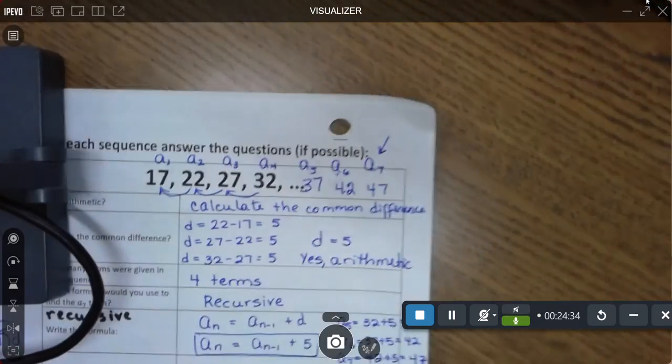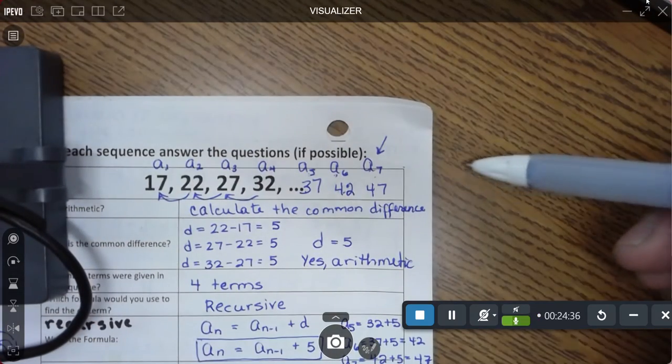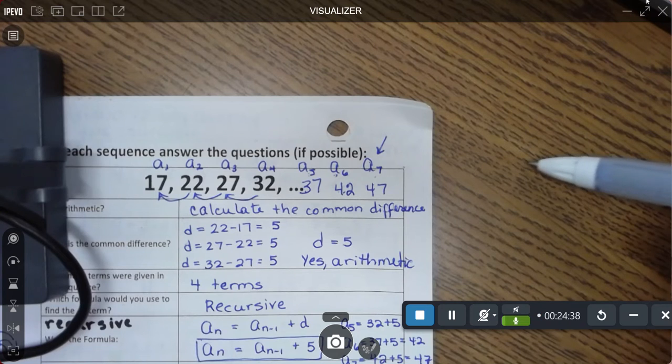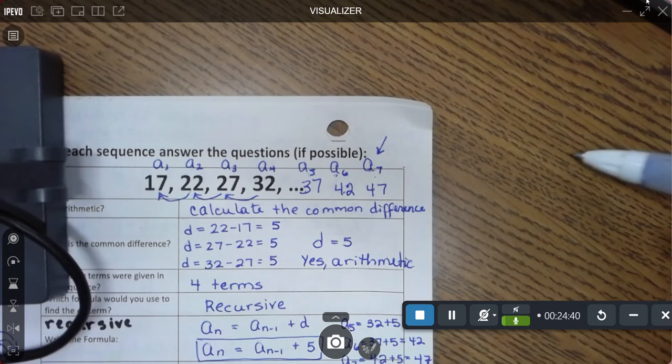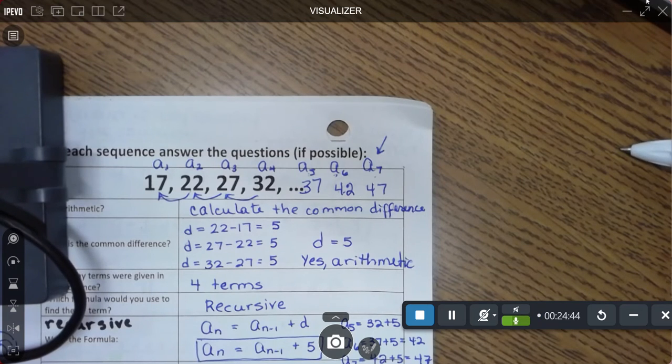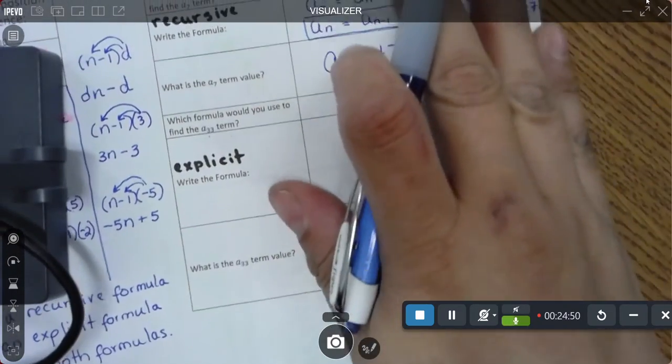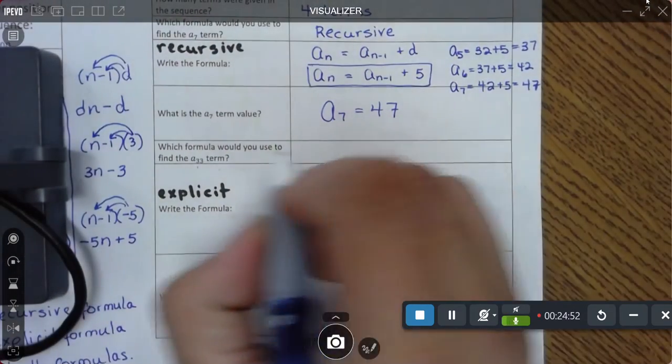Are we clear? That means 8, 9, 10, 11, 12, and so on up to 33. I'm not adding 5 that many times. Are we clear? That's why when the terms are far apart, we want to use the explicit formula.